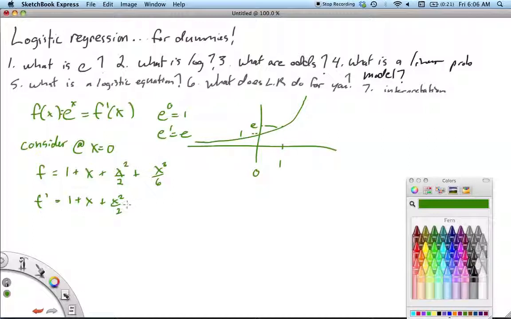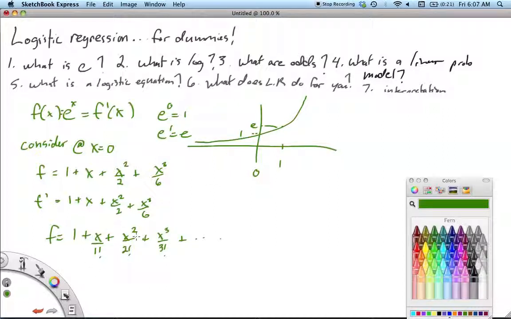So anyway, basically there's a pattern here. And the pattern is that f is equal to 1 plus x plus x squared over 2 factorial plus x cubed over 3 factorial plus forever.